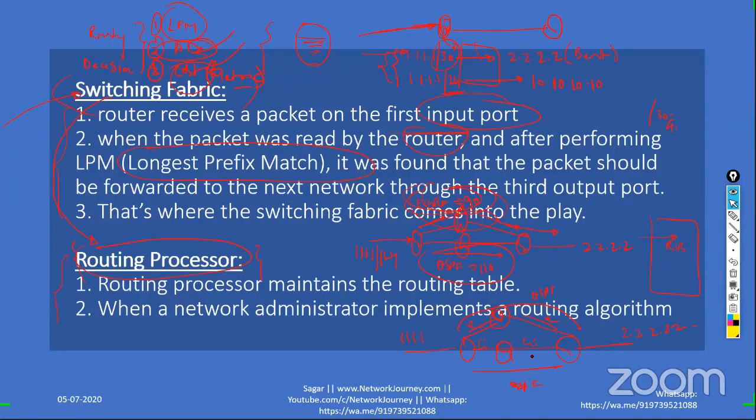So the cost here would be like 10, whereas the cost there would be like 100. In such scenarios also, the switching fabric will not make the decision. It will send to the routing processor. The routing processor has the routing information within it, so it's going to see these things and make the decision. So that's from the router internal processing point of view.